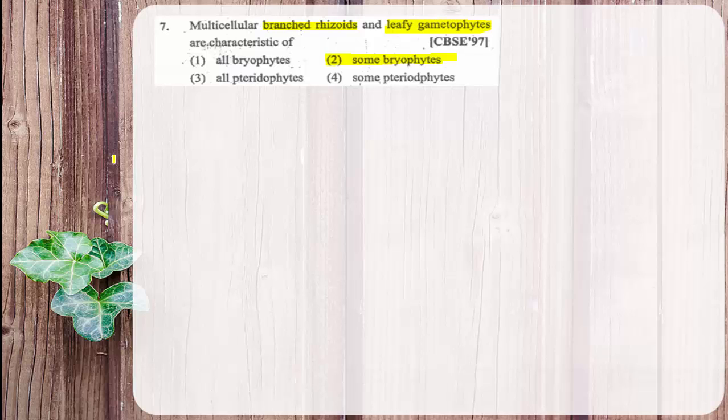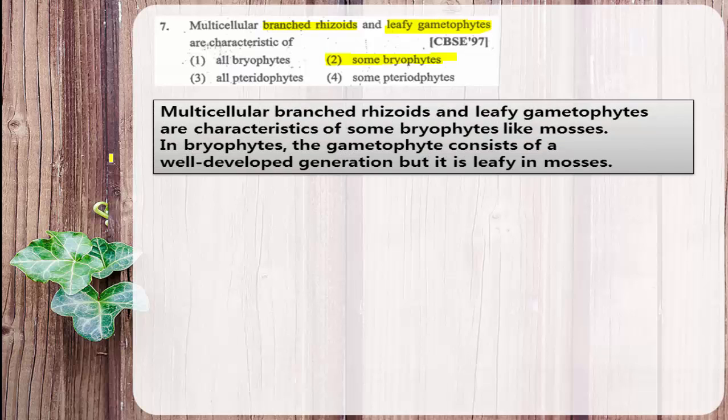Whereas mosses are the bryophytes where the leafy gametophyte is developed, and it is observed only in some bryophytes, particularly mosses.